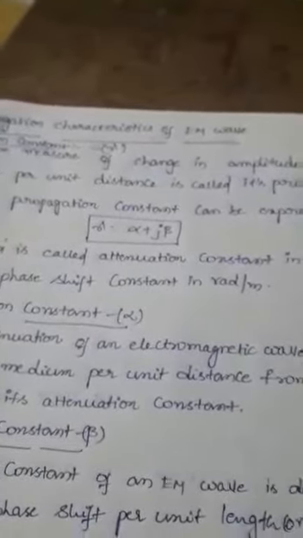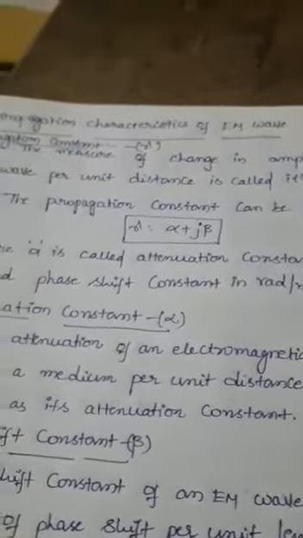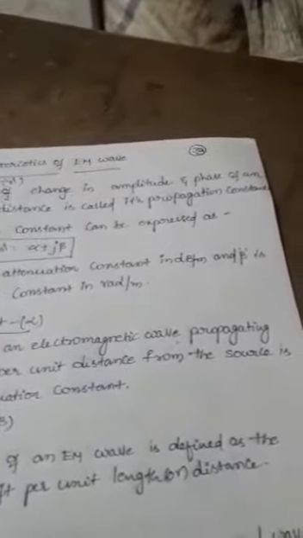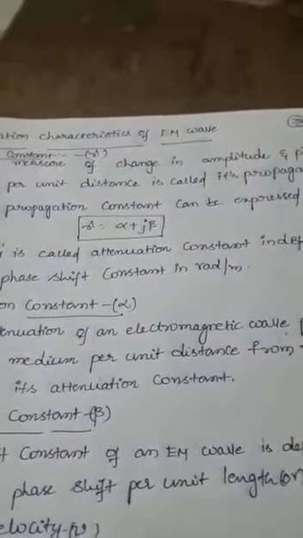We will know about these terms here. Amplitude is the real part because of magnitude. Phase is the imaginary part. That's why propagation constant is represented with a complex quantity, that is gamma is equal to alpha plus j beta, where alpha is called attenuation constant in decibel per meter and beta is called phase shift constant in radian per meter.